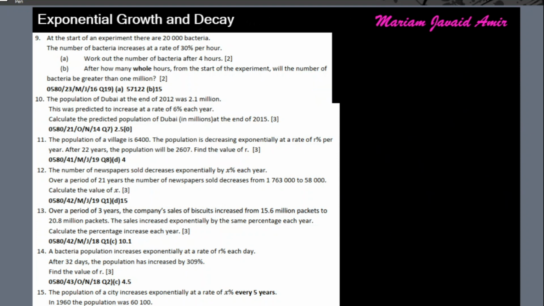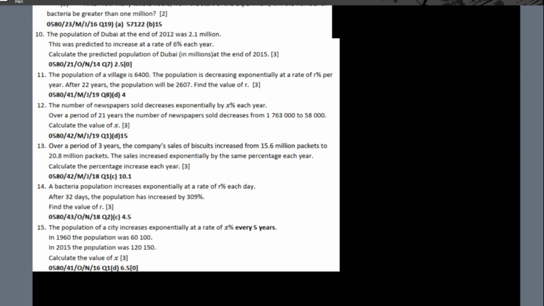Okay, question 15. The population of a city increases exponentially at the rate of x%. So 1 plus x over 100 every 5 years. In 1960 the population was 60100.